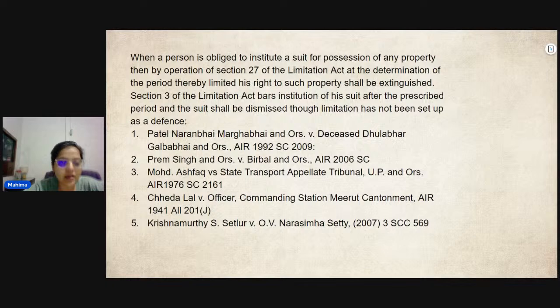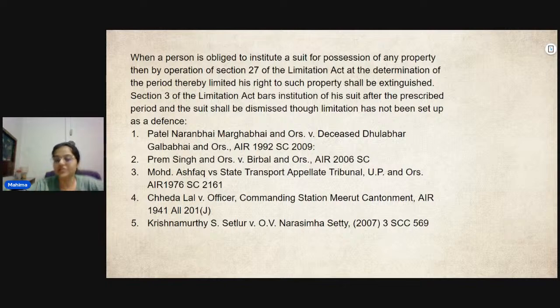Patel Naran Bhai, Marga Bhai and others versus deceased Dhula Bhai, Galba Bhai and others; Prem Singh and others versus Birbal; Mohammad Ashfaq versus State Transport Appellate Tribunal; Chheda Lal versus Officer Commanding Station Meerut Cantonment; or Krishnamurthy S. Sitler versus O.V. Narsimha Sethi.